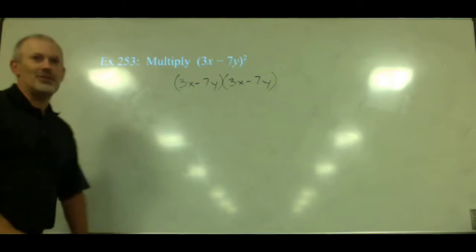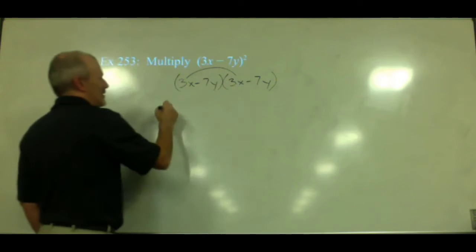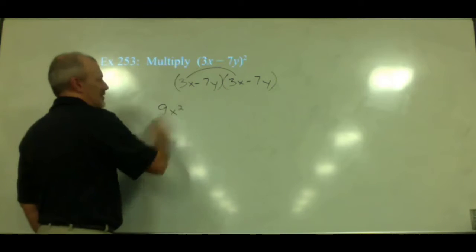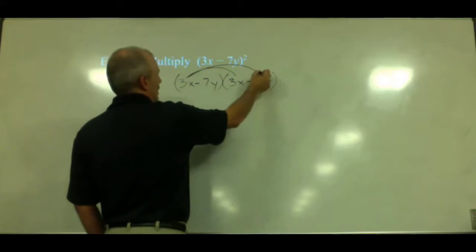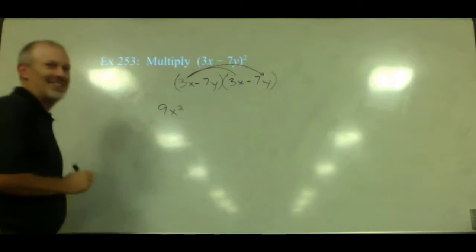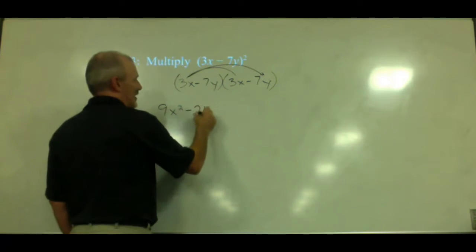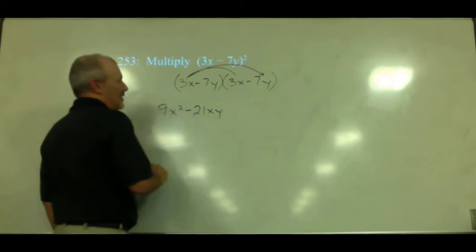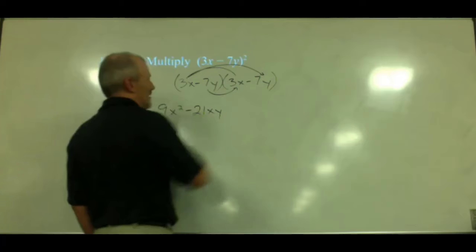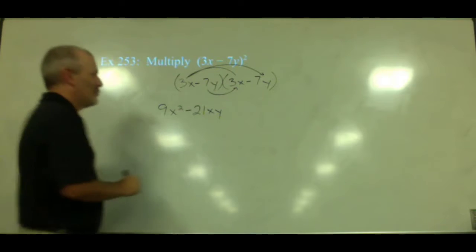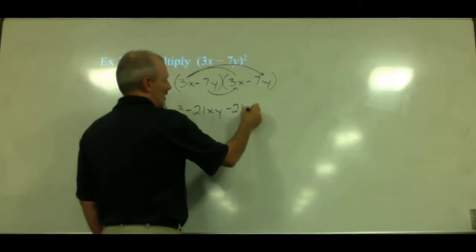So what do we have to do? 3x times 3x is 9x squared. Then 3x times negative 7y will be negative 21xy. And then negative 7y times 3x will be negative 21 yx, xy again.